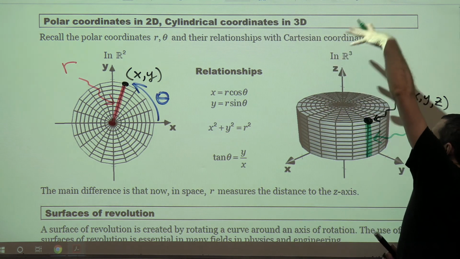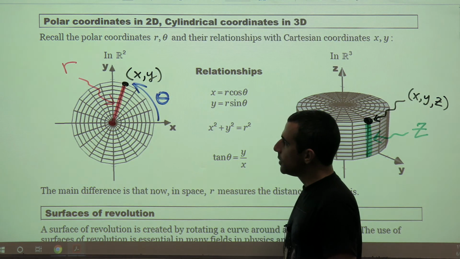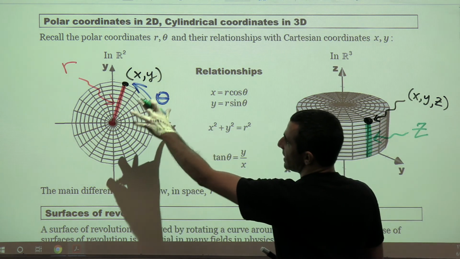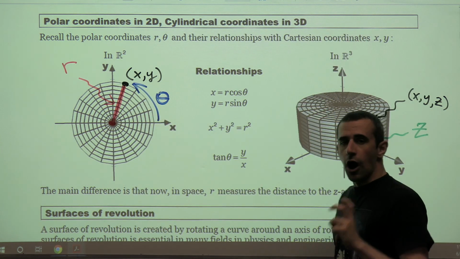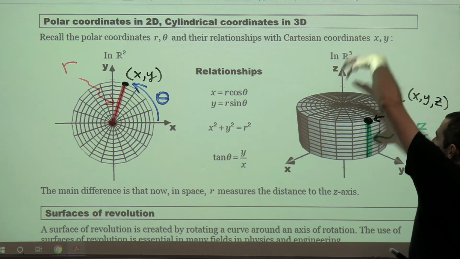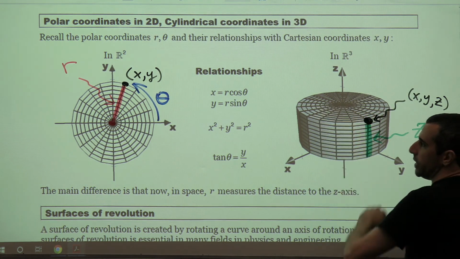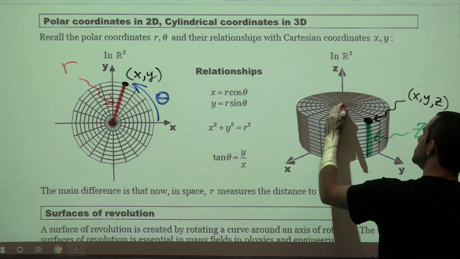So when I look at this picture from above, what I see is literally that picture right there. So the r and theta in space look just like the r and theta here when you look at the picture from above. So where is r? When you look at this from above, what you see is that little ray from the z-axis to the point. So that distance there translates to this distance here in this picture.